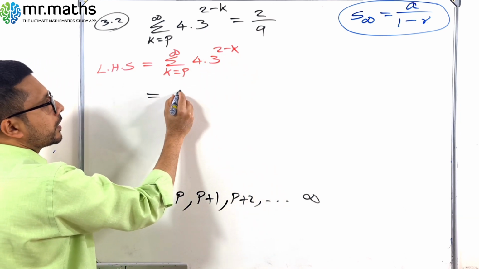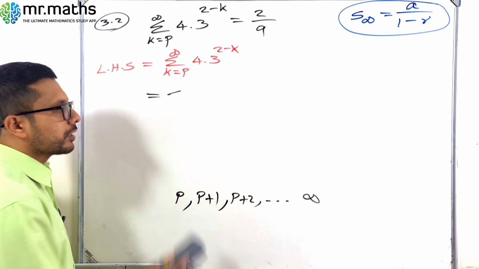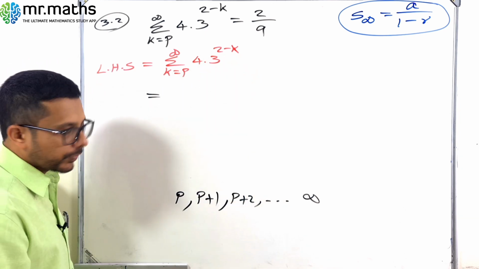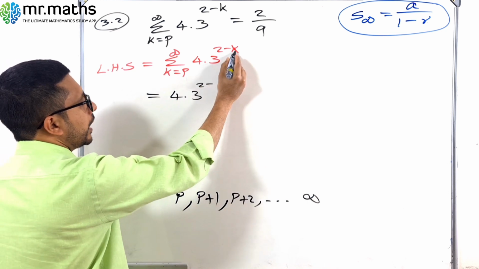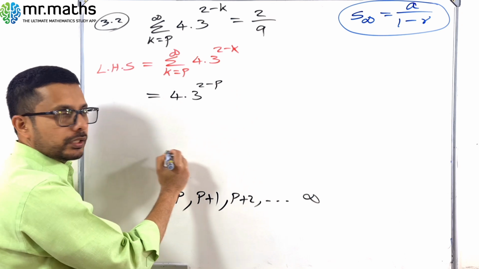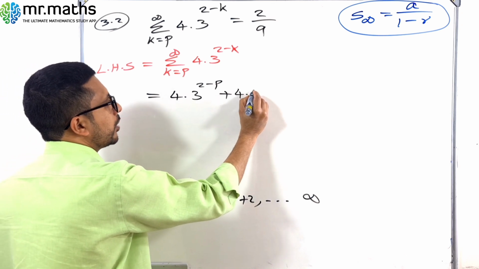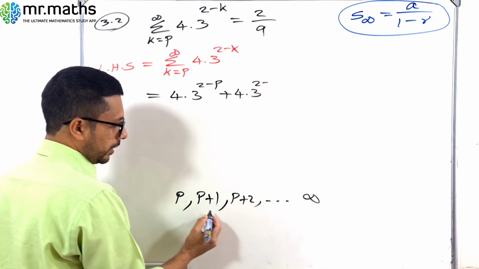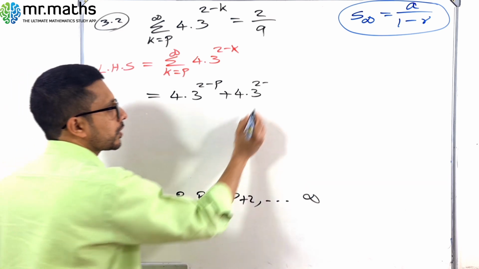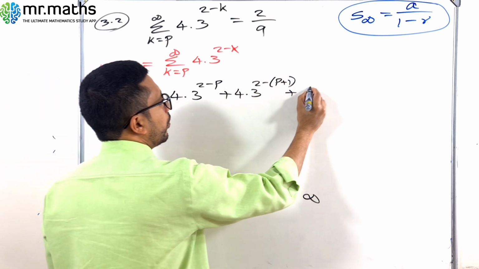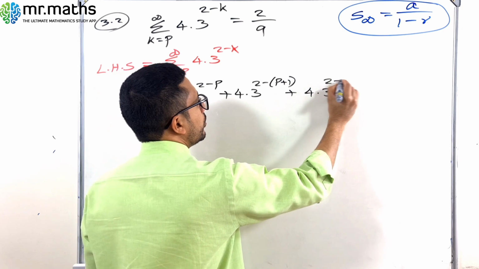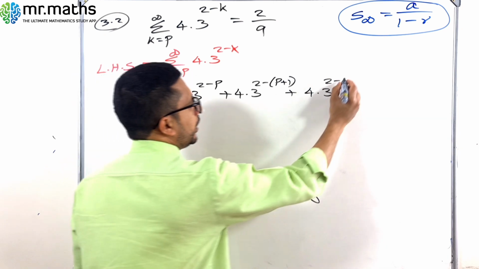So now we don't want to write a sigma. I'm going to expand the bracket. Okay, so it is 4 times 3 raised to 2 minus k. First k value is p, plus 4 times 3 raised to 2 minus, what is the second value? p plus 1. So it is p plus 1, plus 4 times 3 raised to 2 minus, what is the next one? p plus 2.